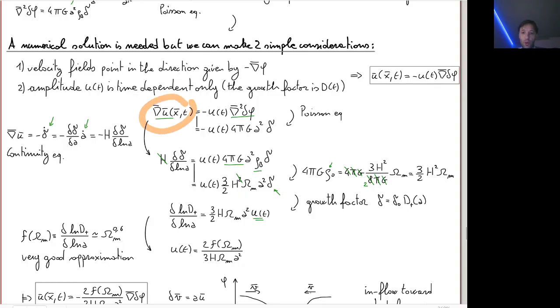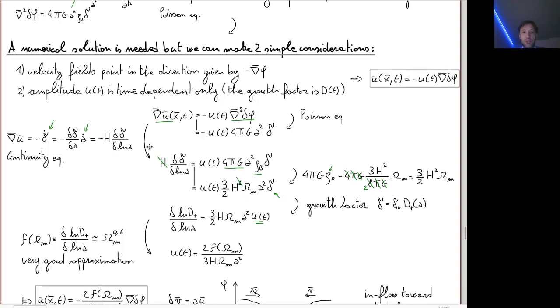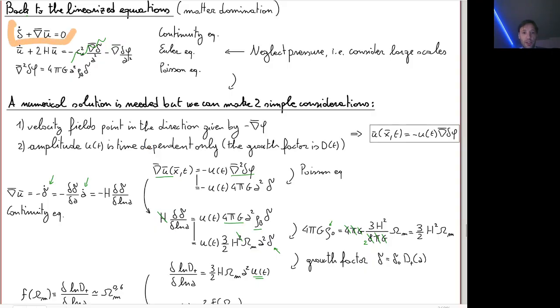Then we work out this other term of the equation, and we exploit the continuity equation. Look what we have here, our beloved continuity equation. So we know that u, which is this one, is equal to minus delta dot. Then we re-express this derivative in terms of the derivative of the expansion factor a.